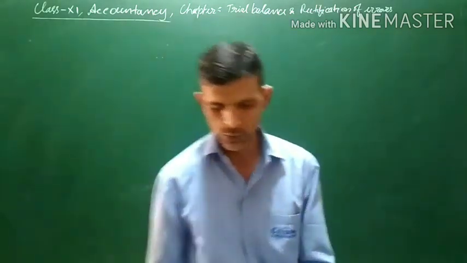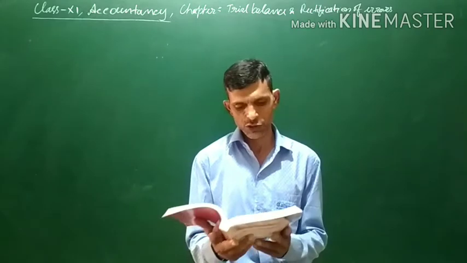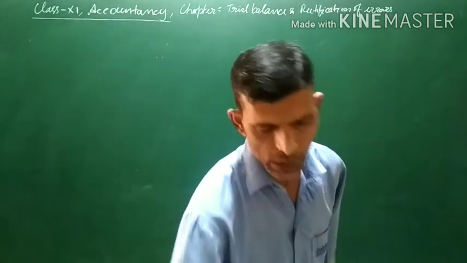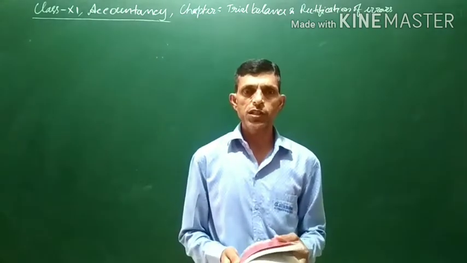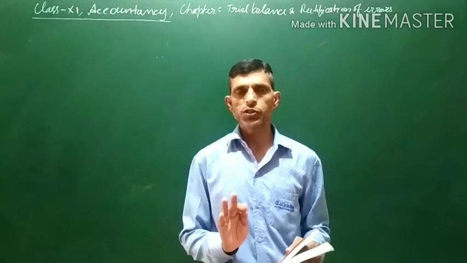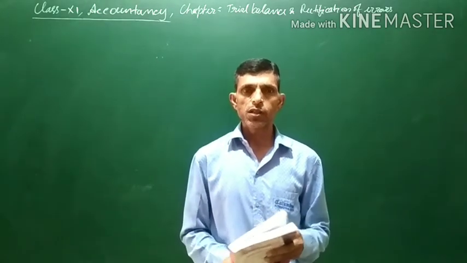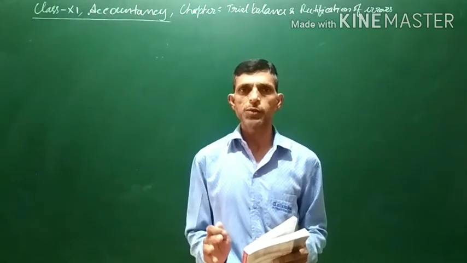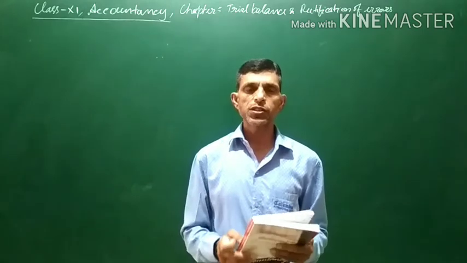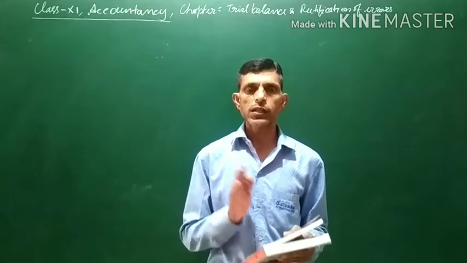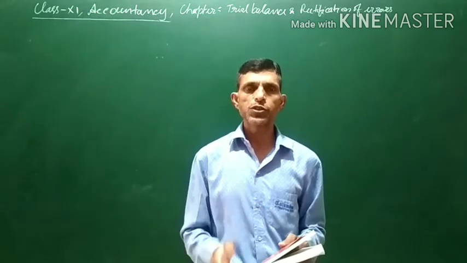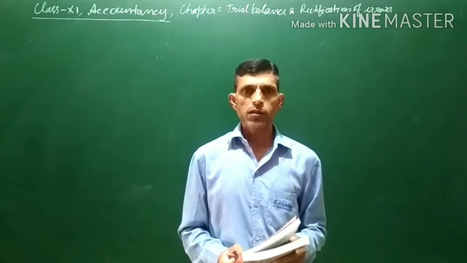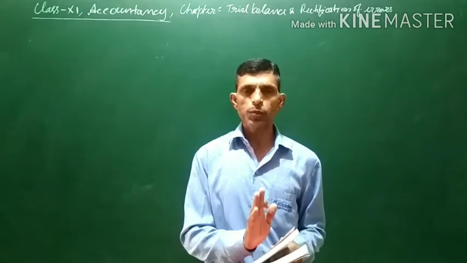So starting from the very first numerical, from the NCERT book, question number 1 itself. One thing to note is that to pass a rectification entry, there are two ways. First, if the trial balance is not affected by the error which has taken place, then we have to pass a journal entry without opening a suspense account.